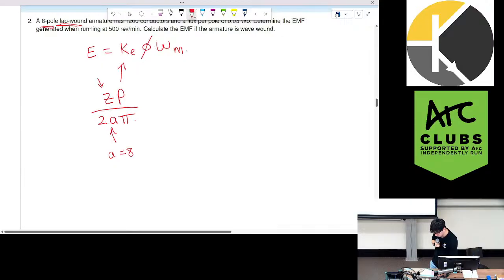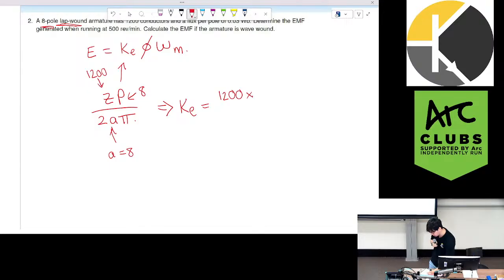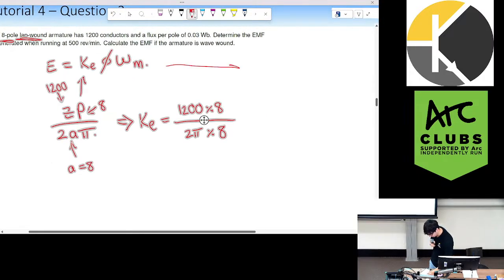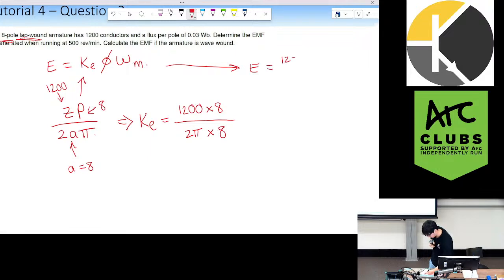Z is given to us, Z is 1,200, and P, the number of poles, is 8 as well. So we can calculate KE to be 1,200 times 8 over 2 pi times 8. We can sub that into the equation to give E equals 1,200 times 8 over 2 pi times 8.